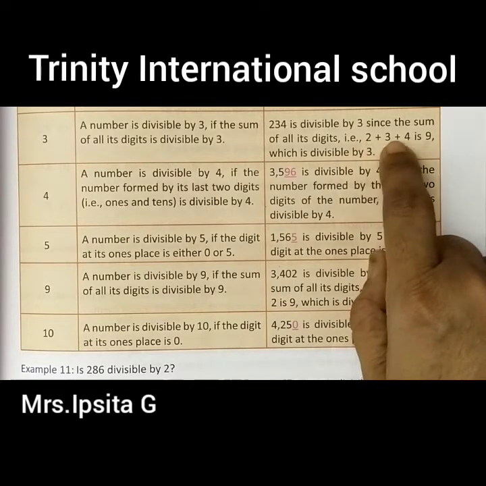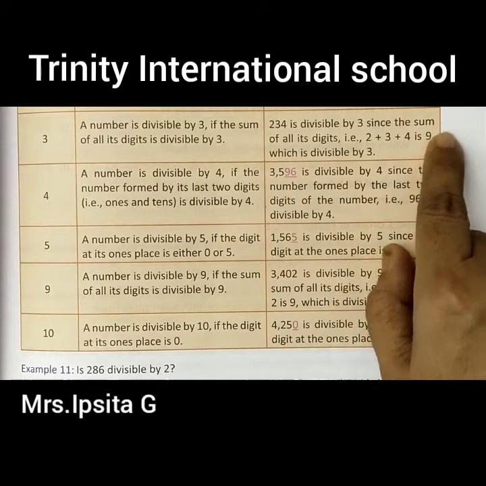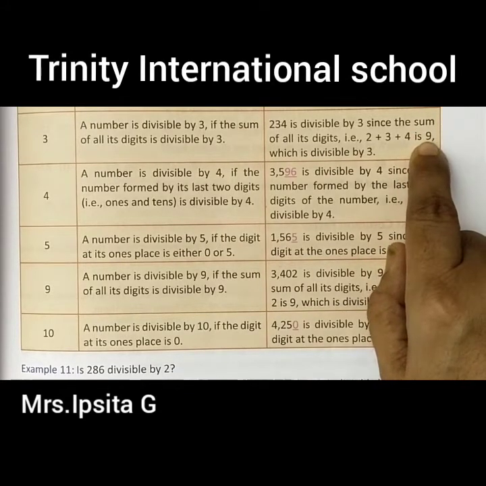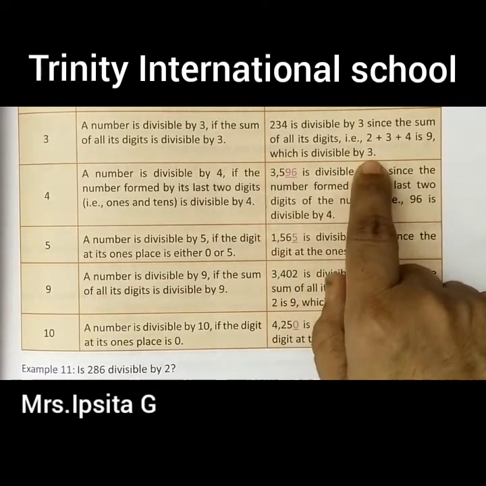So 2 plus 3 plus 4 gives you 9. Now you have to look at this 9 that you got, and you can see that this number 9 is divisible by 3.